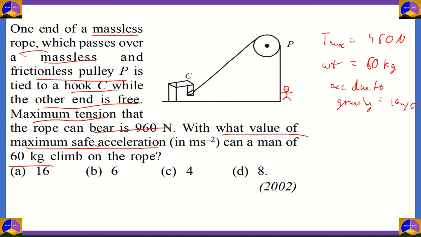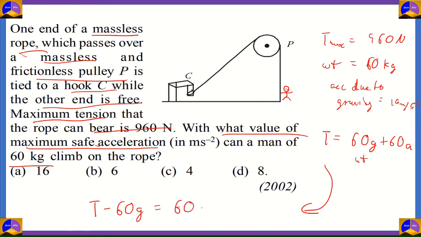So here you can write that the tension will be equal to 60g, this is the weight, plus 60a, which is the force exerted by the man while climbing. So from here you can arrive at the equation T minus 60g, that is tension minus weight, is equal to 60a. As you can see, the force is acting downwards here, so therefore the tension must act in the opposite direction.